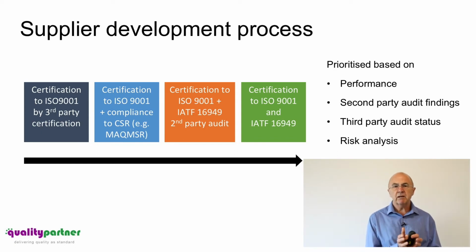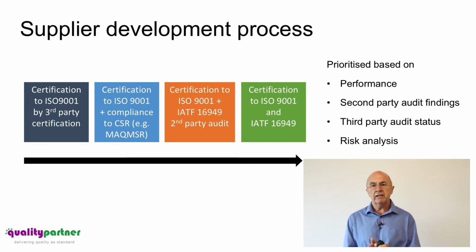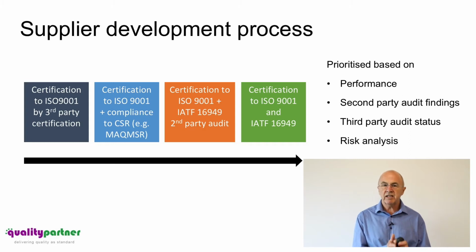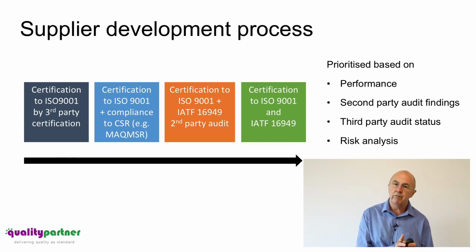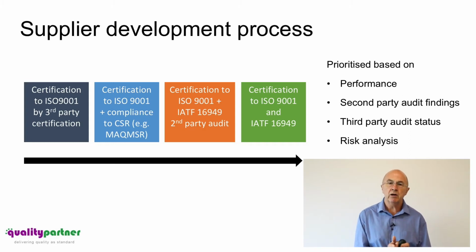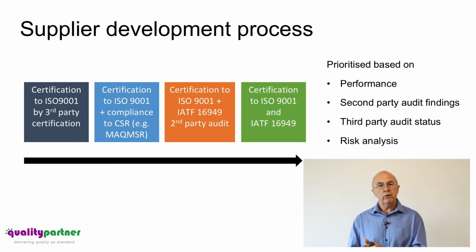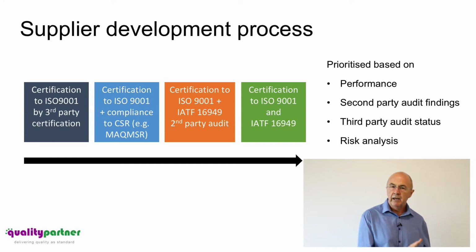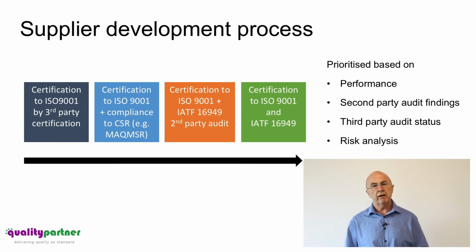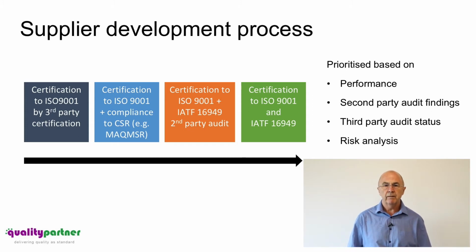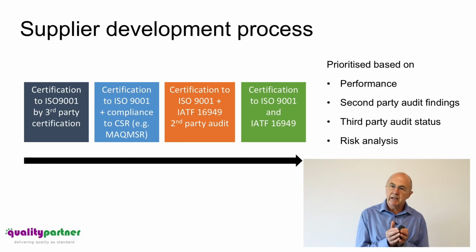If we have key suppliers that don't have ISO 9001, then at minimum we need to do a second-party audit of those suppliers using a qualified second-party auditor. But what we're looking for as part of supplier development is we're trying to develop those suppliers towards formal certification for ISO 9001.